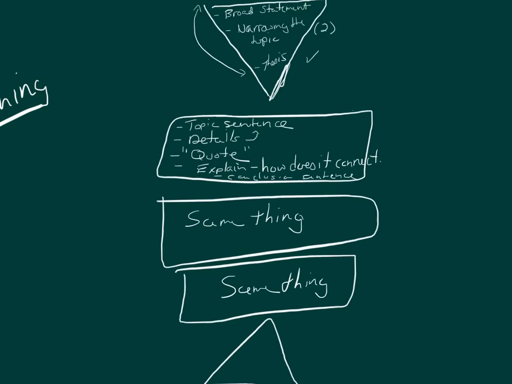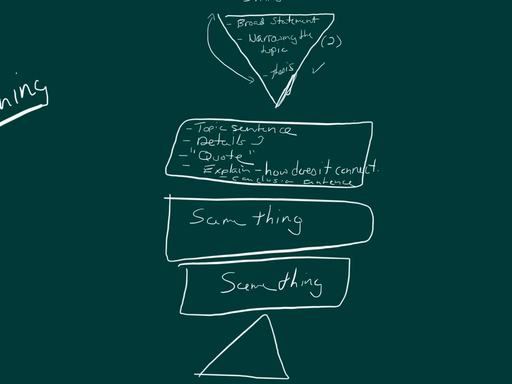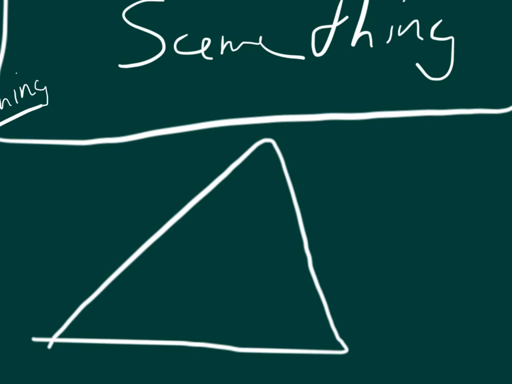Now, when you get to the conclusion, that's a cool paragraph because at the end here, you restate your thesis. Okay, so the first sentence of your concluding paragraph, you're going to restate your thesis. When it says restate, it means to put it in different words.